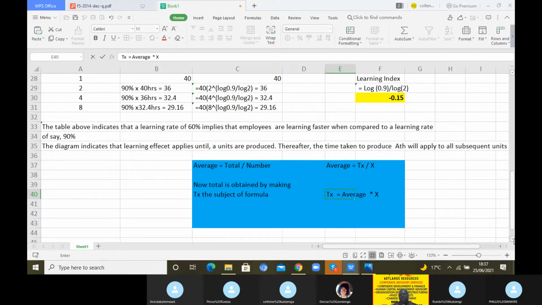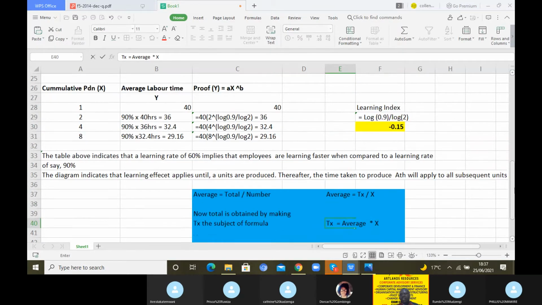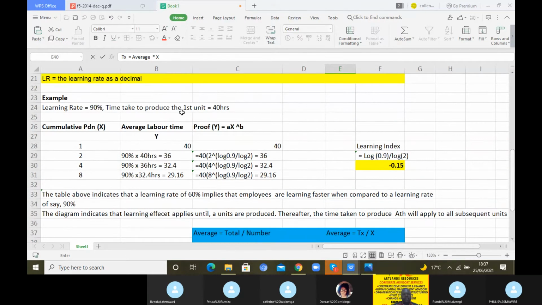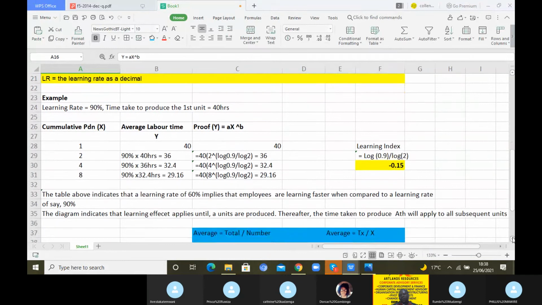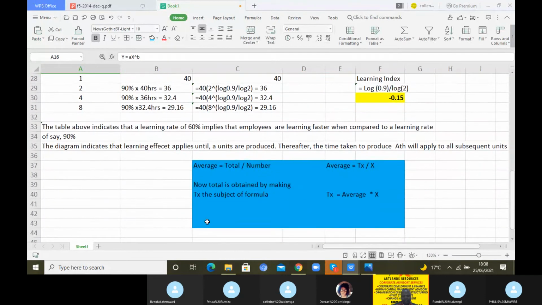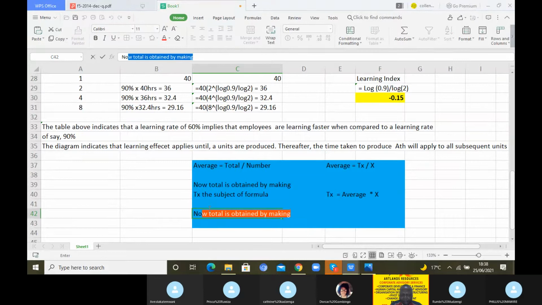So you know that average is calculated using this formula.